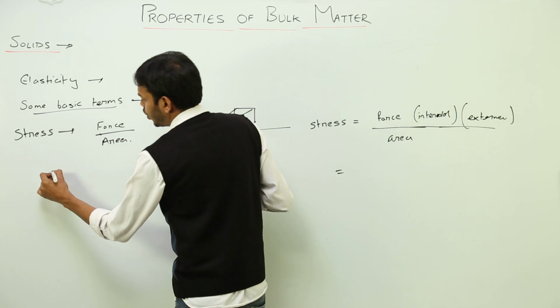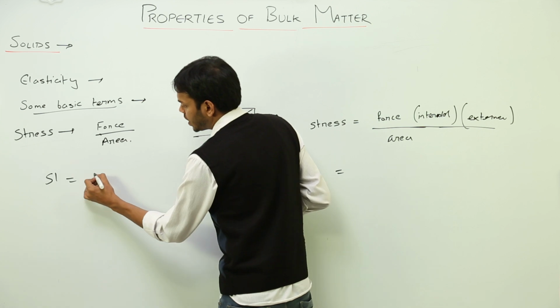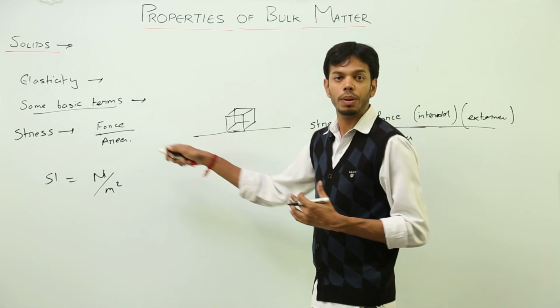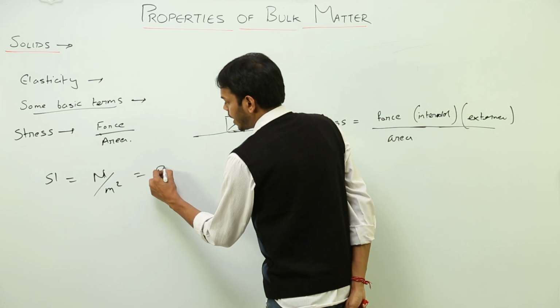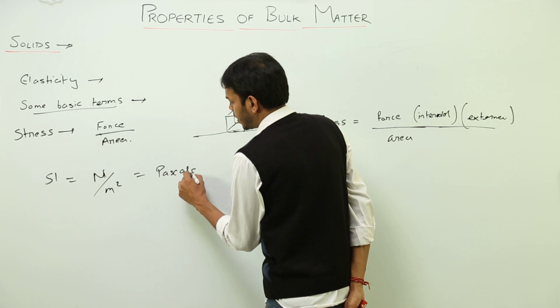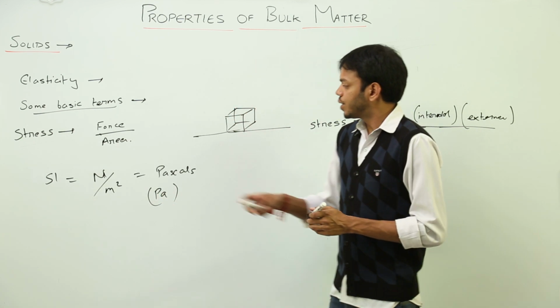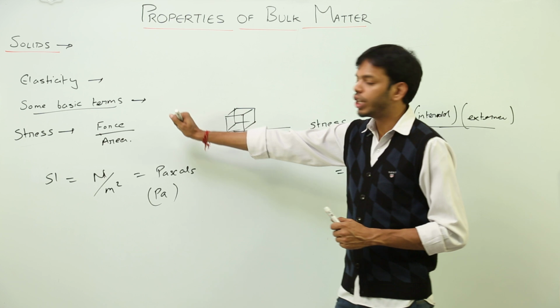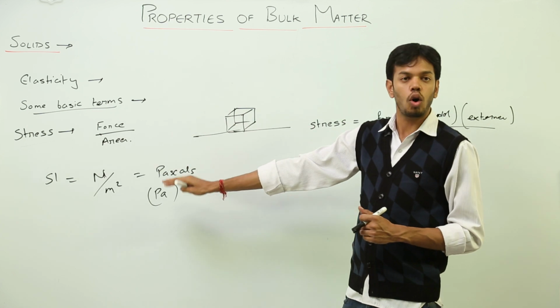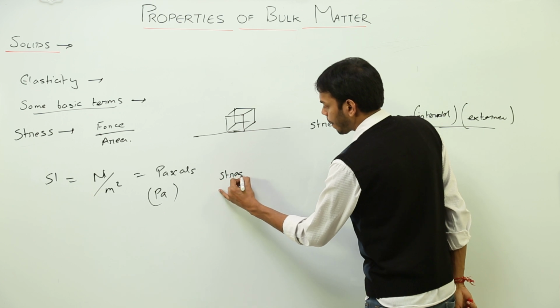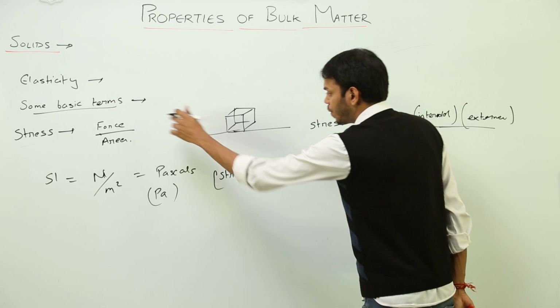So what is the SI unit of stress? Obviously it would be Newton per meter square, but we already know that Newton per meter square is known as pascals, right? Because this is the SI unit of pressure. So stress is force per unit area, the SI unit would be Newton per meter square or pascals, and the dimensional formula of stress would be force upon area.